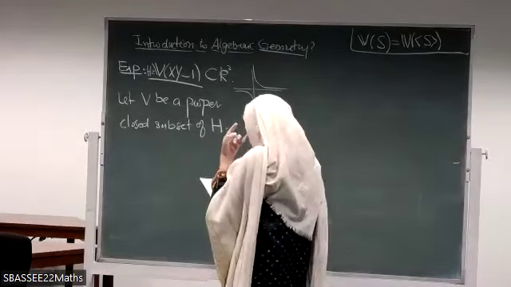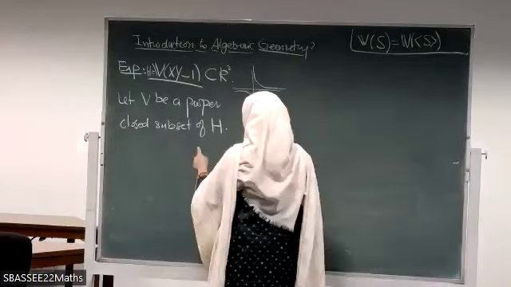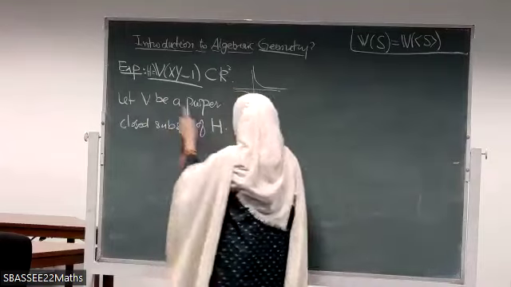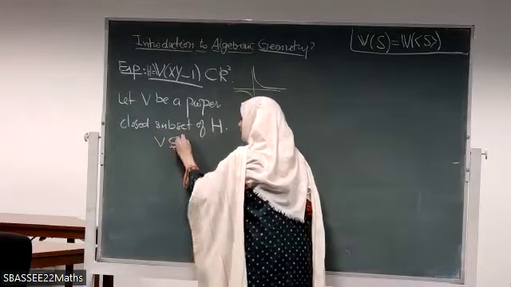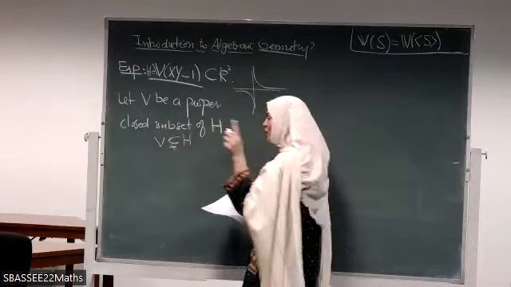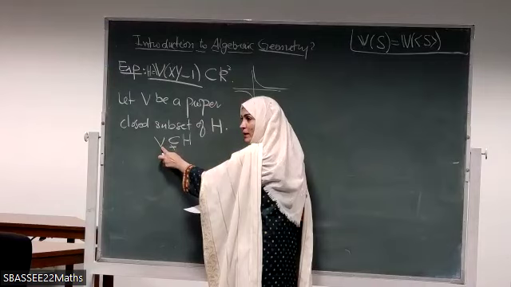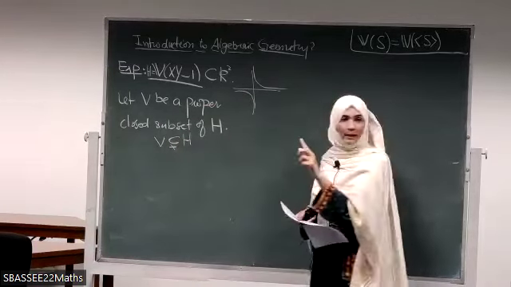So now you can see that because I said that this B is properly contained in H, this means that there is at least one polynomial which is 0 on B, but not 0 on this one. Yes. Right? Agree?